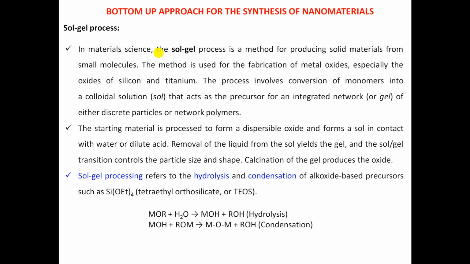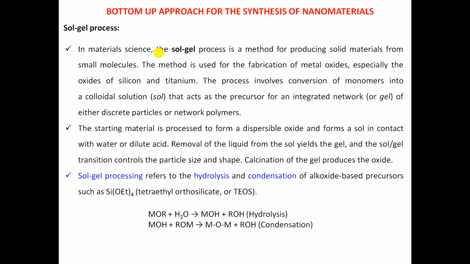The method is used for the fabrication of metal oxides, especially the oxides of silicon and titanium. The process involves conversion of monomer into a colloidal solution that we call sol, which acts as a precursor.